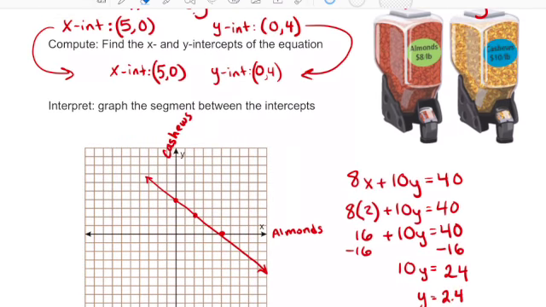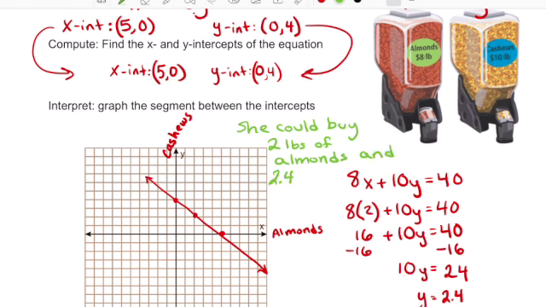So I'm going to write it up here in a different color. She could buy 2 pounds of almonds and 2.4 pounds of cashews.